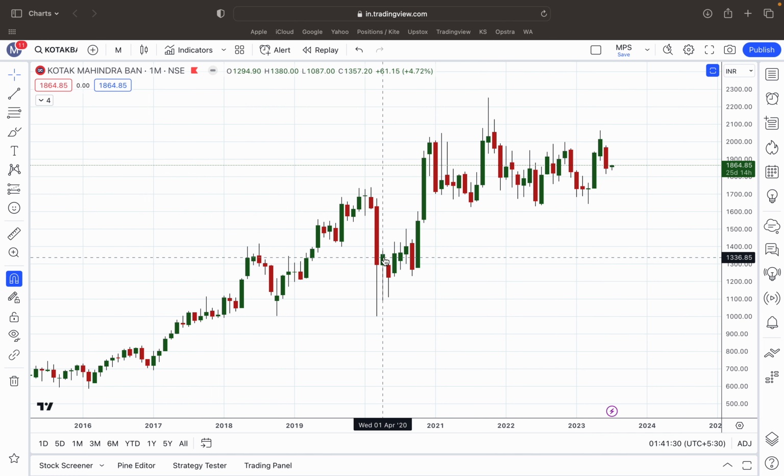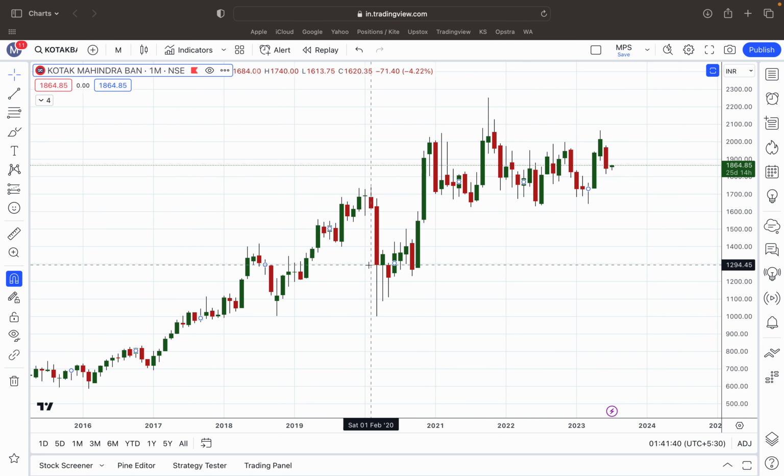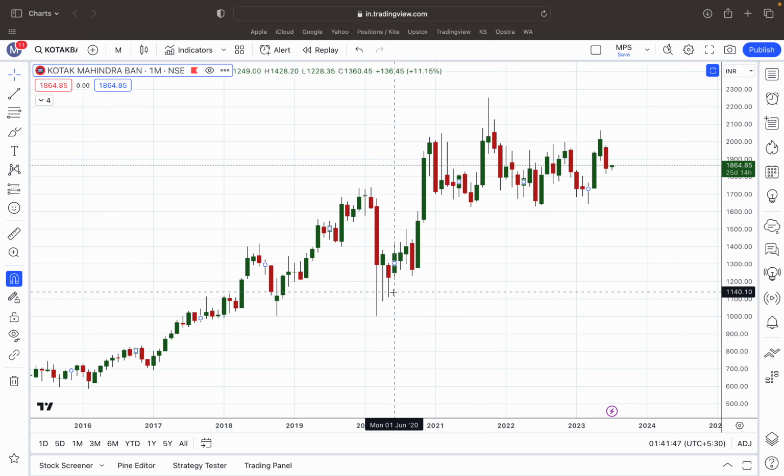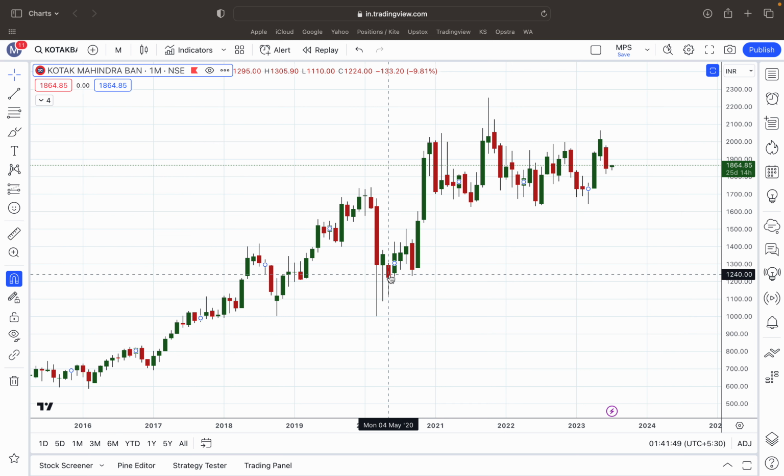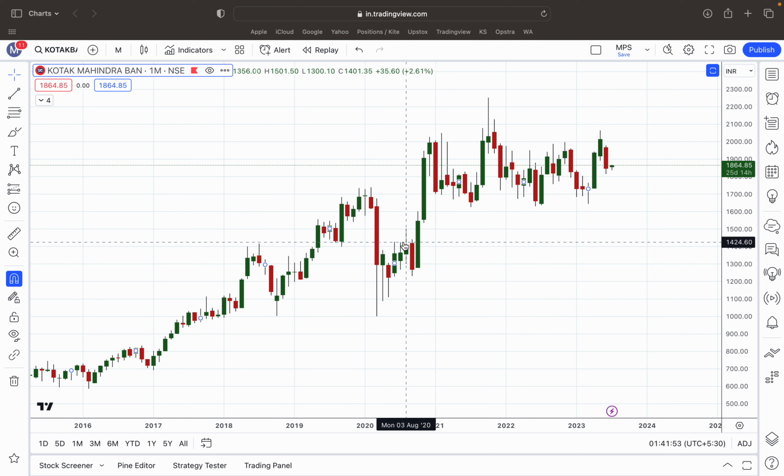The hammer will have the body at the upper end and a longer lower wick, which represents the buying pressure. In short, if the hammer is seen at the bottom of any trend, it represents that bulls are now getting active.